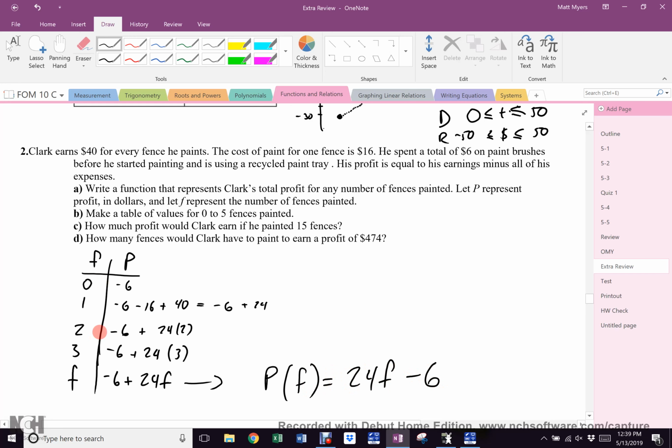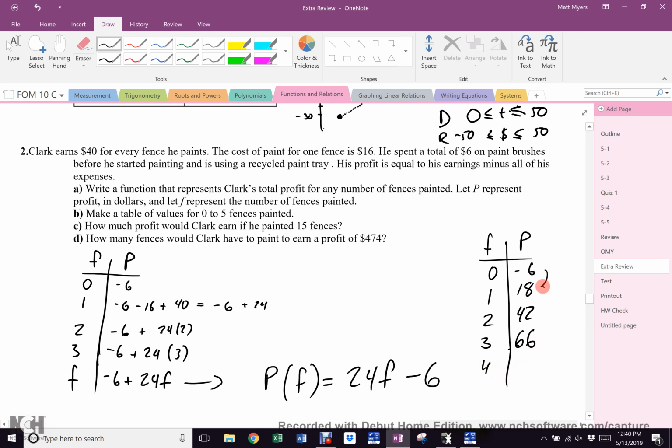So now the table becomes really easy, right? Fence, profit. 0, what is it? -6. 1, what's 1? 24 minus 6. 18, what's 2? 42, what's 3? 66, what's 4?